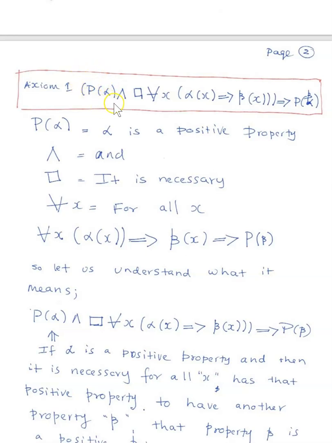So this is a positive property, and it is necessary that if this person has kindness, alpha x, that implies he would have another property called beta. Let's say the person is kind, and he's very giving: he's giving to homeless people and gives money, etc. So alpha is kindness, beta is giving, and kindness gives rise to beta, and beta is also a positive property.